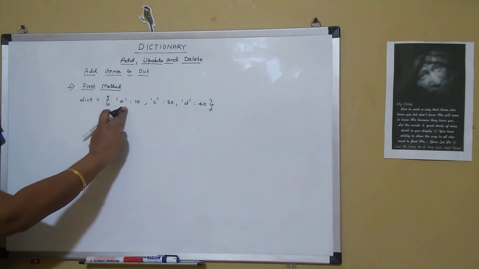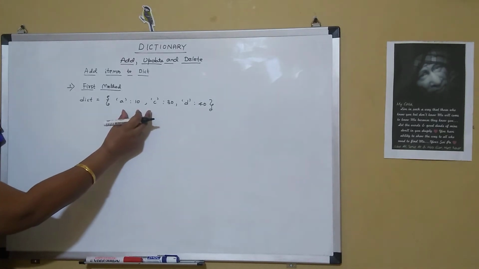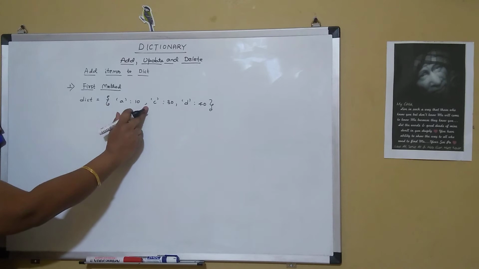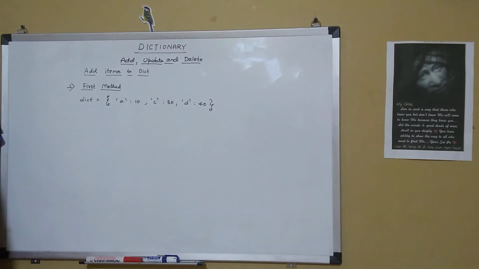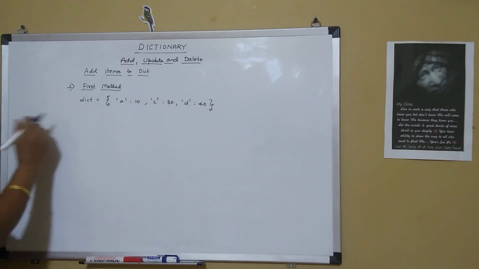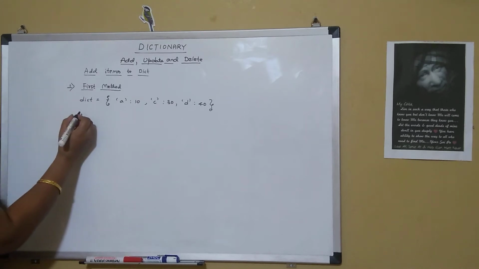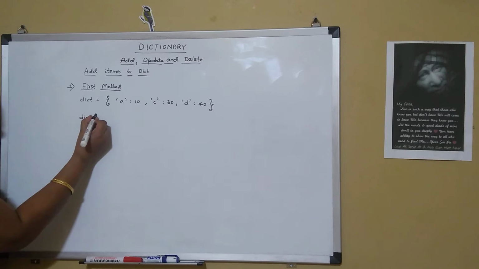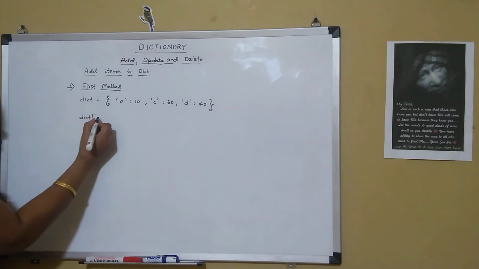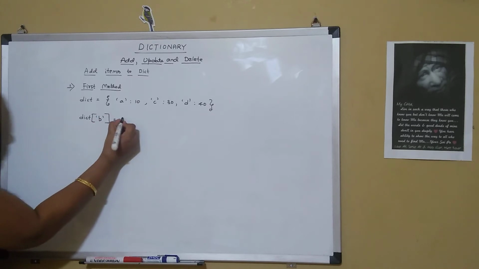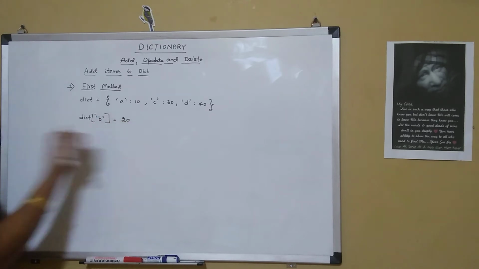Now I want to add an item into the dictionary with the key value B and the value equal to 20. So how do I go about it? In the first method, what we do is we say day, and we give the key value, that is B, and then we give the value which is 20.